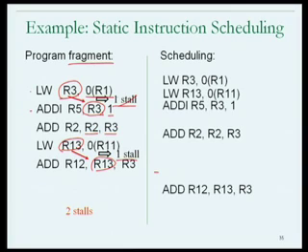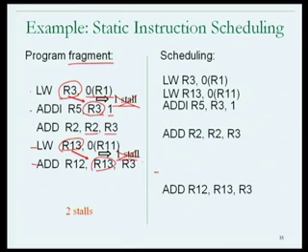Hence, there is no need for that stall cycle. By the same token, I have separated the load word R13 instruction from the first instruction that uses the loaded value by at least two instructions. And therefore, I have eliminated the need for the second stall cycle. Therefore, this movement of the load word R13 instruction actually solves the problem.